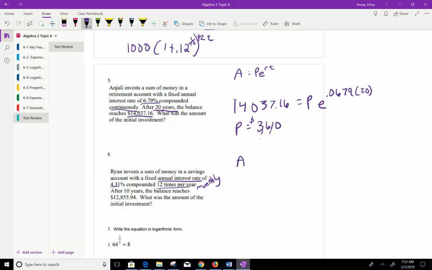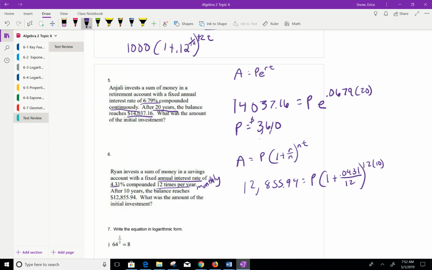So with this one, we're looking at A equals P times 1 plus r over n to the nt. So we have 12,855.94 equals P times 1 plus 0.0431 over 12 to the 12 times 10.